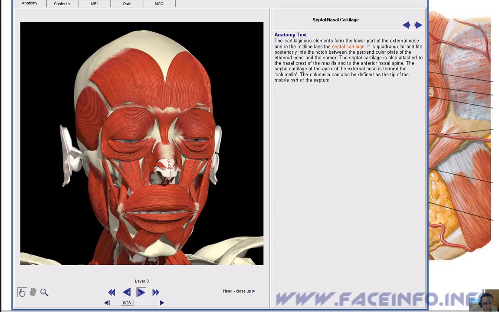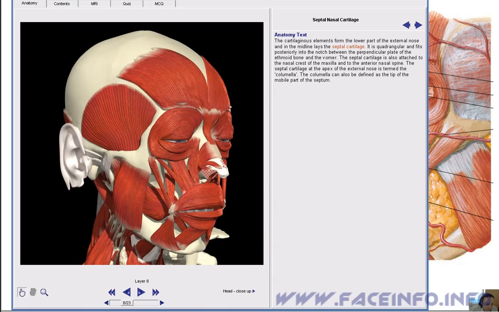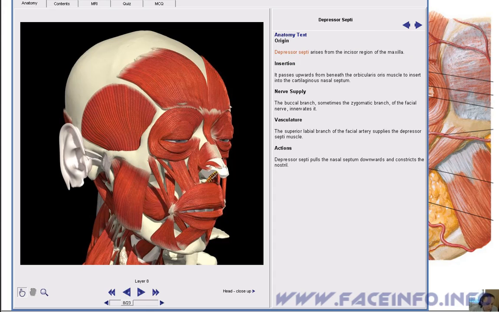So the nasal septum is here. This is the nasal septum. And how does it work? It lowers the skin of the nasal septum and closes the nostrils in this way.